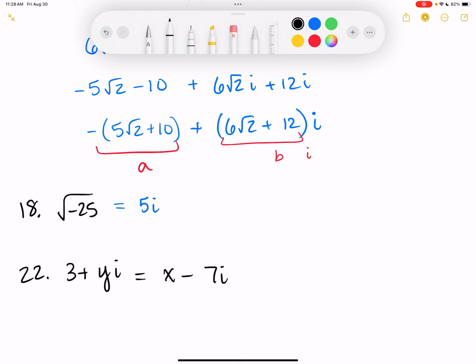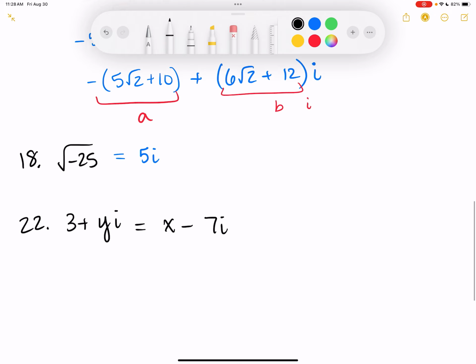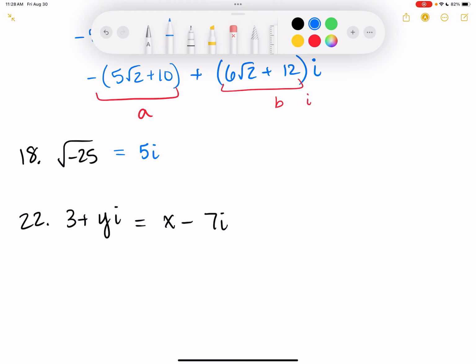When I have this, x is the a term and y is the b term. So I just need to make one side of the equation look like the other. Based on that, what does x have to be? Yep, x is 3. What about y? Negative 7. And that's all you have to do on those ones.